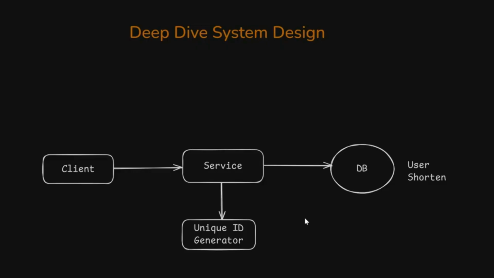The first area we can focus on is when the URL is already shortened. If we get the same request again from a different client, do we want to duplicate the record in this database server? If not, then before creating it, we can check the database: do we already have this URL generated? If yes, just return that in the response. If not, then create it.